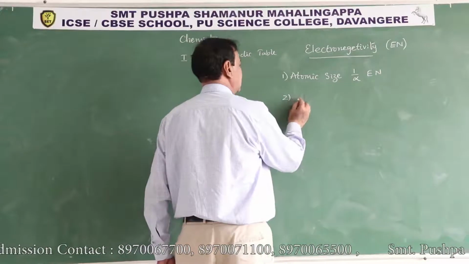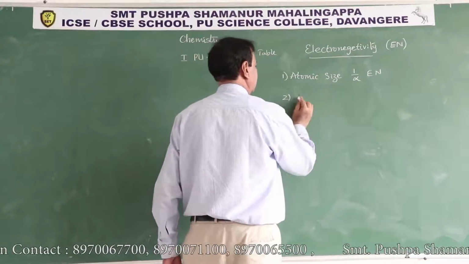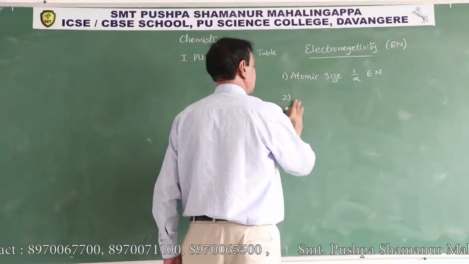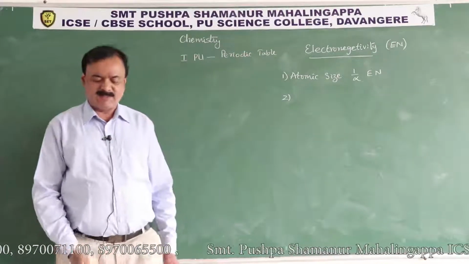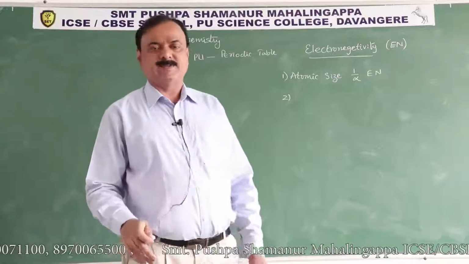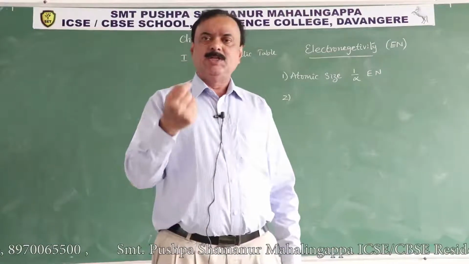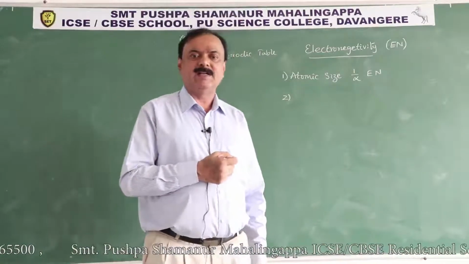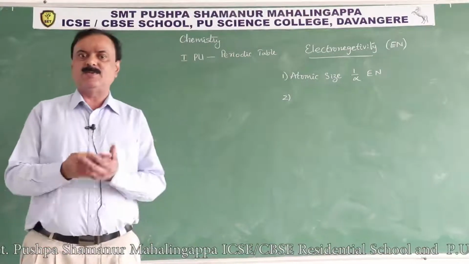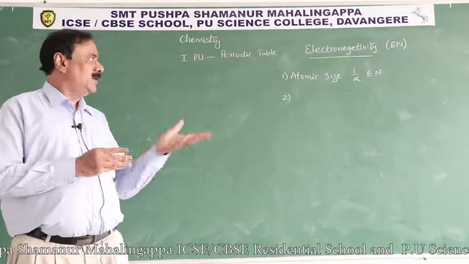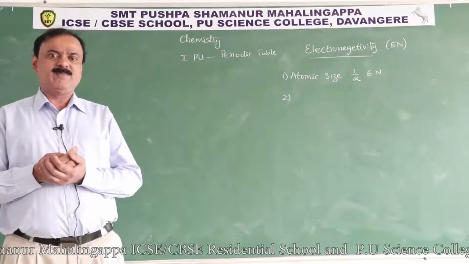The second one depends upon the Z effective, that is directly proportional to the ratio of positive charge to negative charge. In the last class we discussed the effective nuclear charge, or the Z effective.